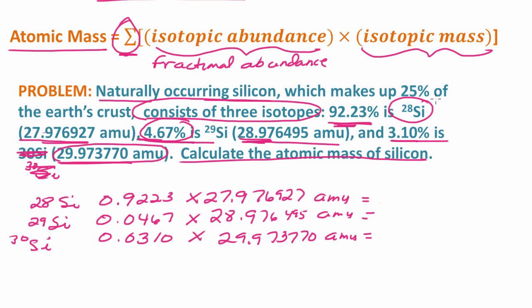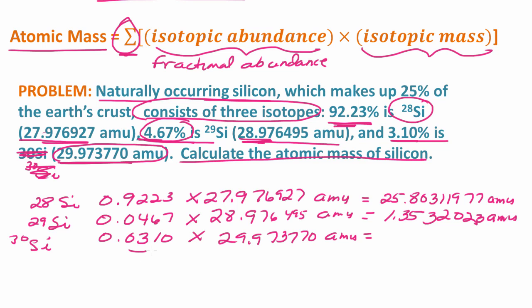This first one, I get 25.80311977 atomic mass units. Let me do the second one, 0.0467 times 28.976495. I get 1.3532023 atomic mass units.